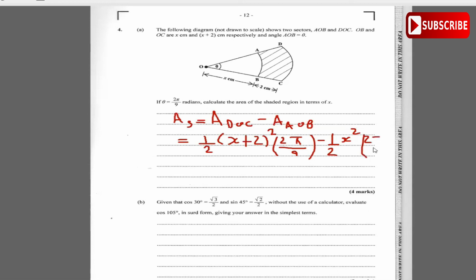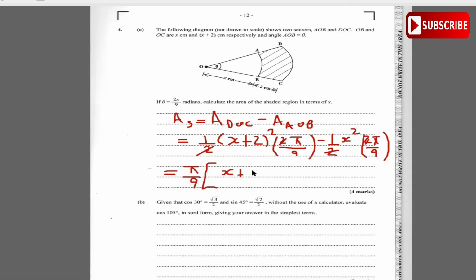Now, maybe you want to simplify this. It's up to you. If you want to simplify it, you can notice that this 2 is going to cancel this 2, and this 2 cancels this 2. So you can get that it is equal to pi over 9 times (x plus 2) all squared minus x squared.